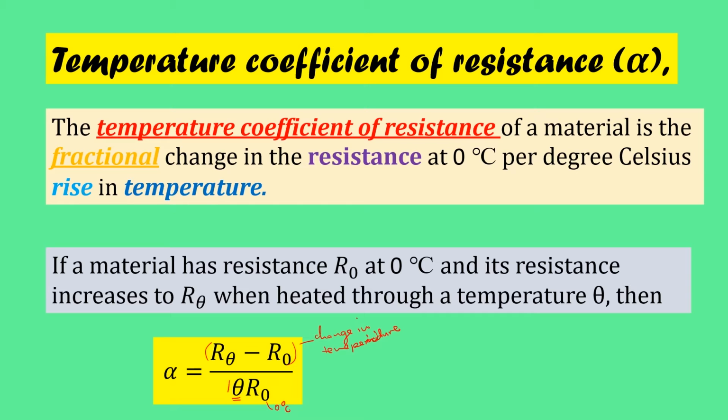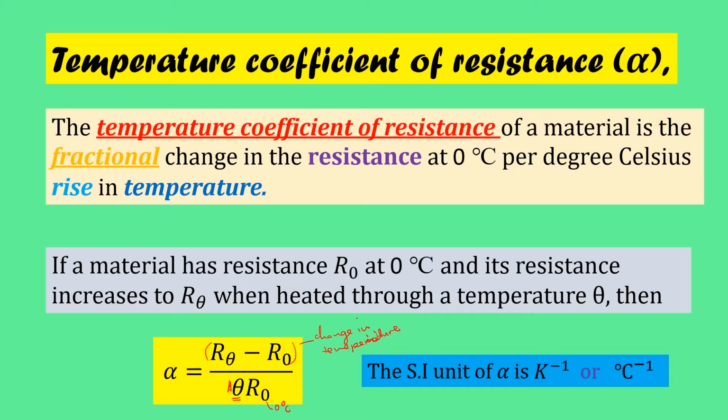The temperature change can be from 0 degrees Celsius to 20 degrees Celsius, or from 30 degrees Celsius to 40 degrees Celsius. The SI unit of temperature coefficient of resistance is per Kelvin or per degree Celsius, because the numerator, the change in resistance, is in ohms, the temperature can be in Kelvin or degrees Celsius, and R0 is in ohms.